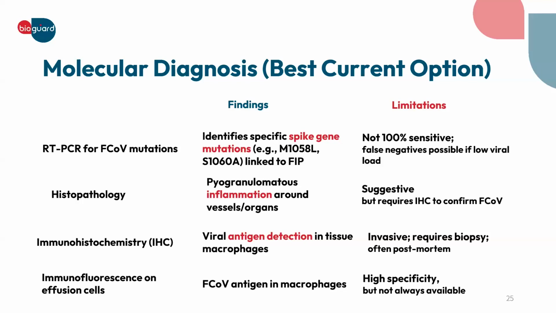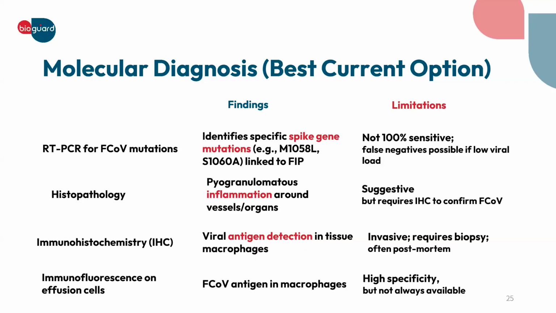Other than PCR, histopathology testing is also done, where inflammation around vessels or organs can be confirmed. Okay, but it requires IHC to confirm FCoV. So again, it's a very tedious job, cannot be performed in clinic.